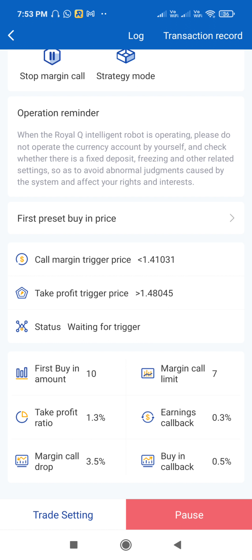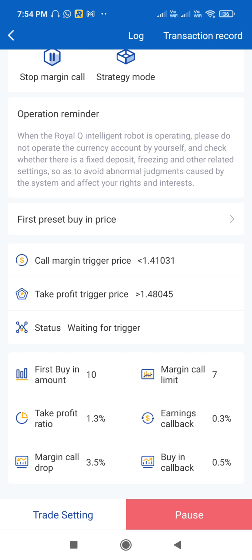What is take profit? Take profit is 1.3. Suppose your trade goes to 1.3 and keeps moving, and goes to, for an example, 2%. It will not close at 1.3, because we don't know whether it will go to 2%, 3%, 5% or 10%. So it will keep on moving, but once it crosses your 1.3 and then comes down by the earning callback.